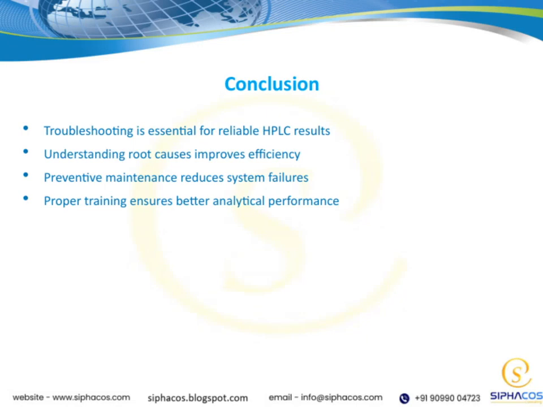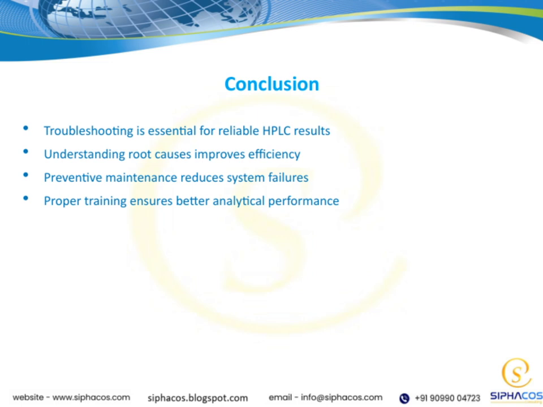In conclusion, troubleshooting really is a cornerstone for ensuring reliable HPLC results. When we take the time to identify and address issues as they arise, we can maintain the accuracy and consistency of our data. Understanding the root causes behind problems not only helps us fix them faster, but it also improves our overall efficiency by preventing recurring issues.